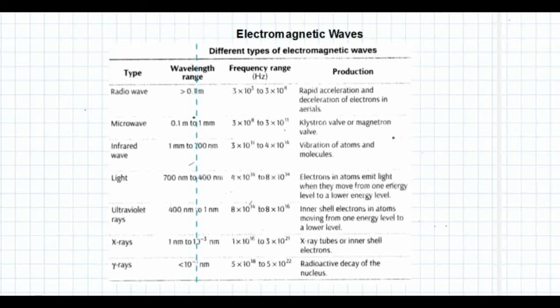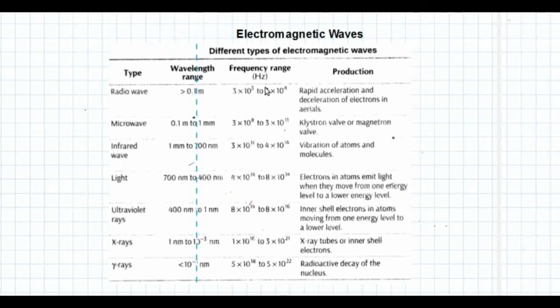Now the different types of waves are shown here. This is called the spectrum of electromagnetic waves. So radio wave, microwave, infrared wave, light, ultraviolet, X-rays and gamma rays.